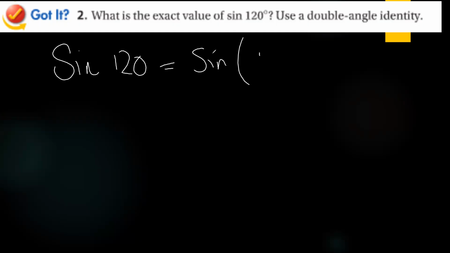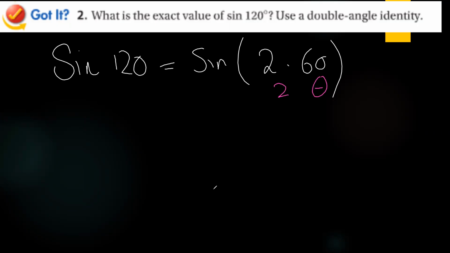Let's take now another example here. Sine of 120. Now, sine of 120, as I told you, you can use any way. But since he told me, I want you to use the double angle identity, so I will say it is sine of 2 times 60. So this was my theta, and this is 2.